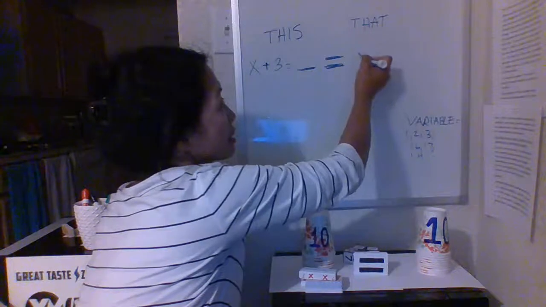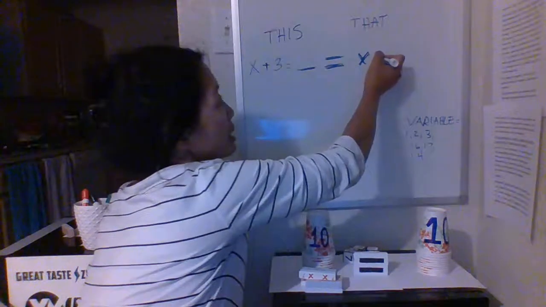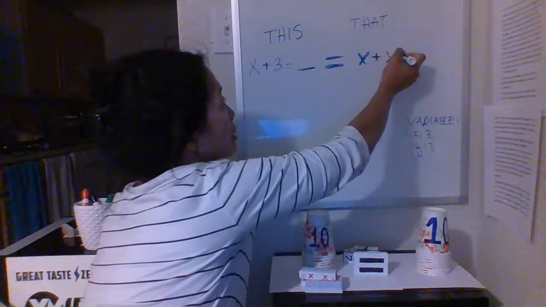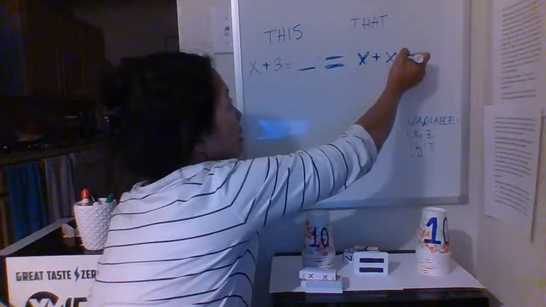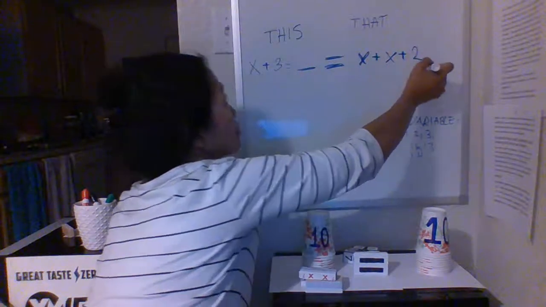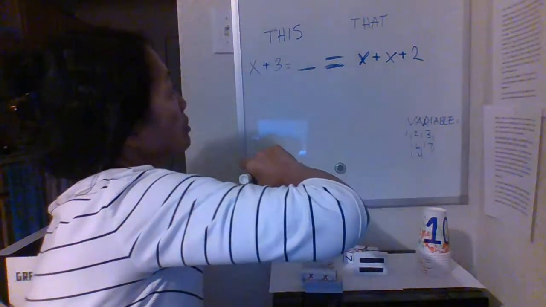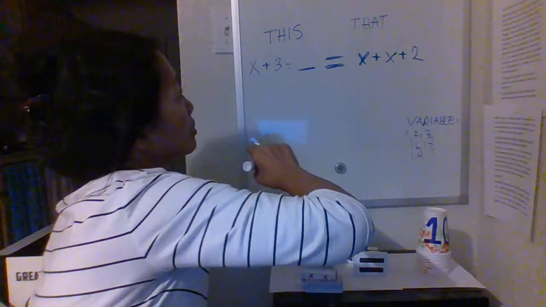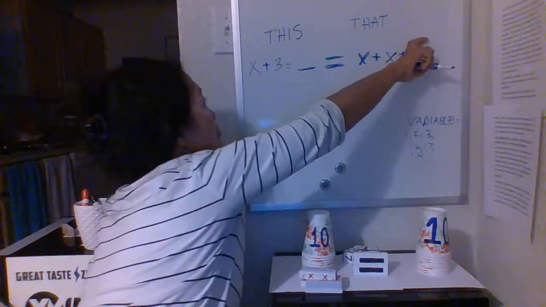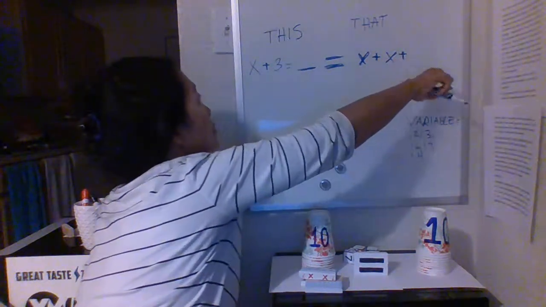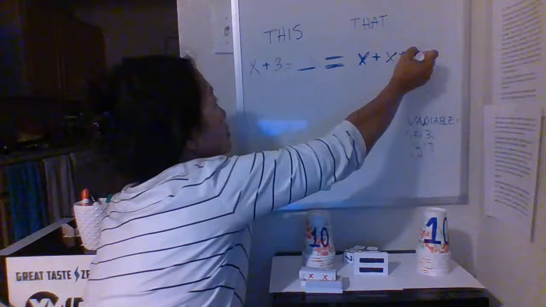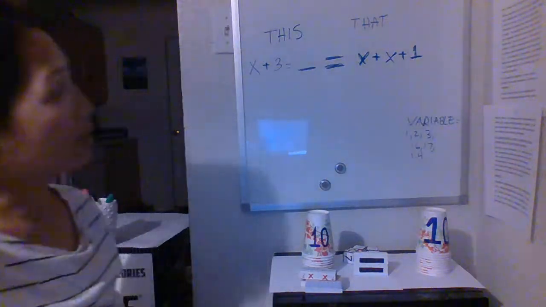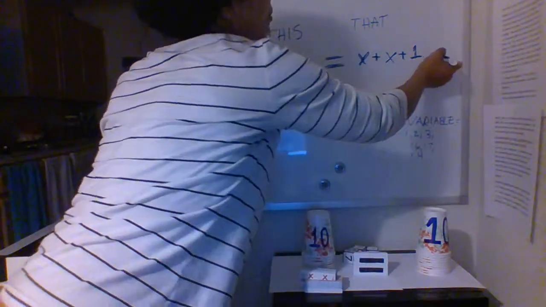We have x plus x plus the number 2. Hold on a second. Plus the number 1, excuse me. Okay. All right. So let's see here. We don't know, and we're going to see what the answer is.